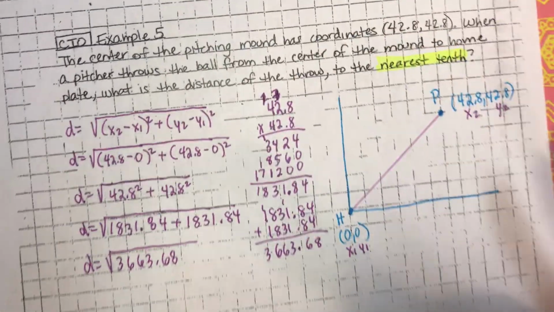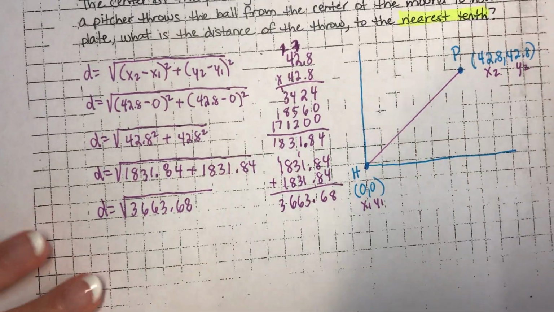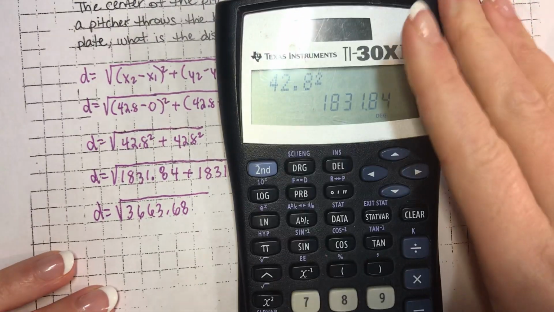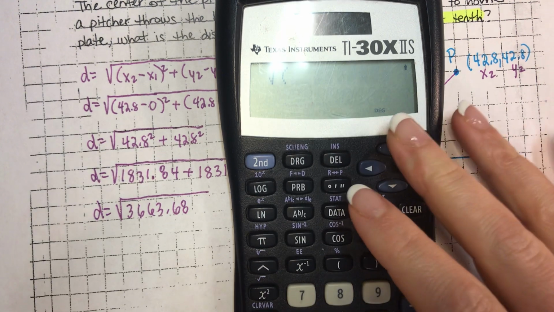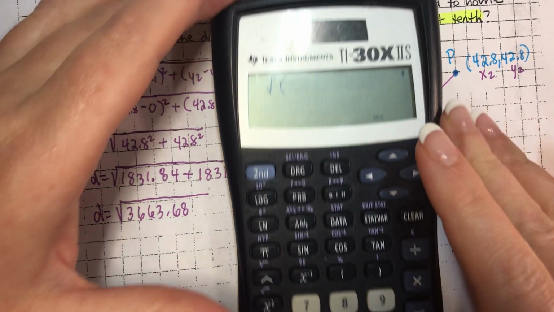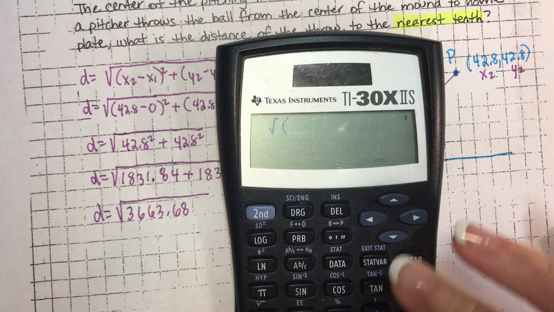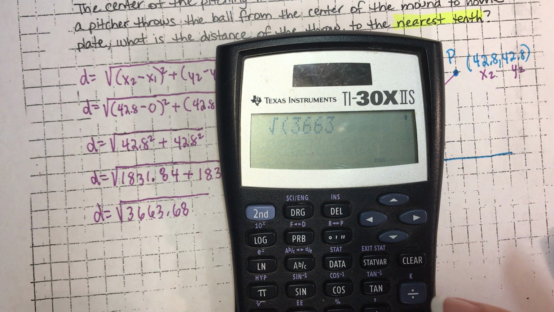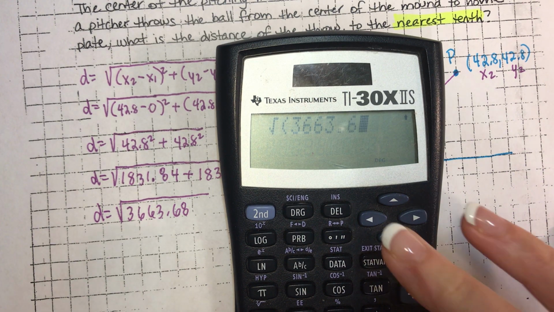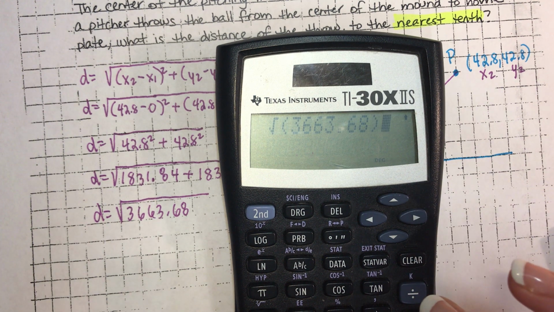Now I take the square root of that. Okay. All right, so clear that out. The square root of 3,663.68. Close the parenthesis, hit enter.